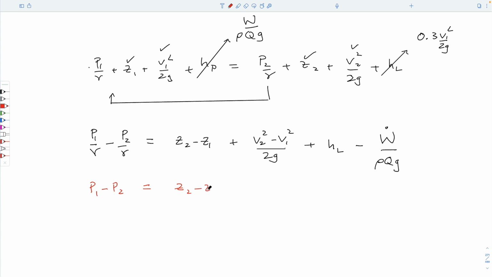Z2 minus Z1 plus V2 squared minus V1 squared over 2G plus HL minus W dot rho QG, multiplied by the density of water times SG times gravity. That's what unit weight is.